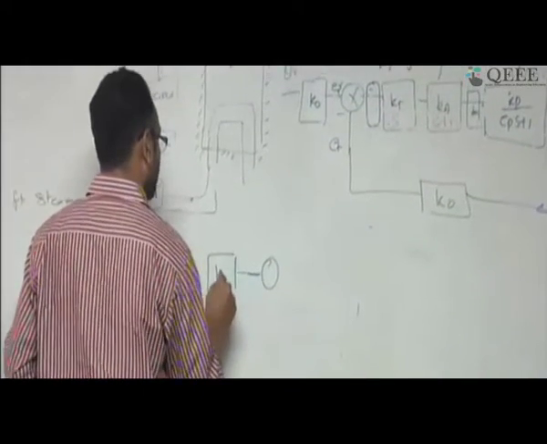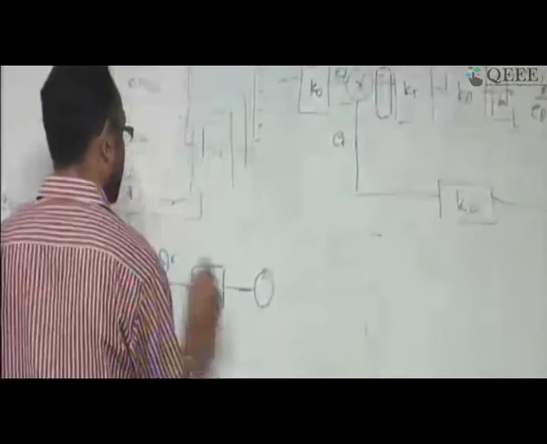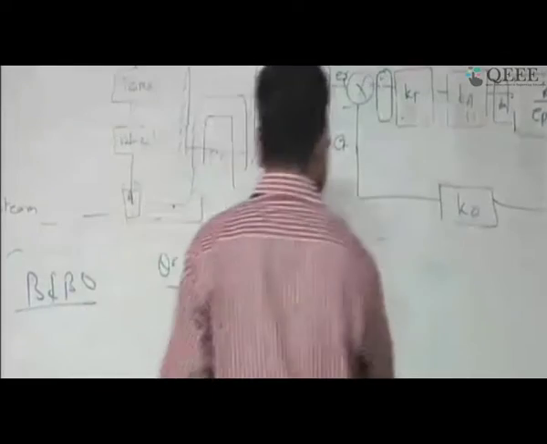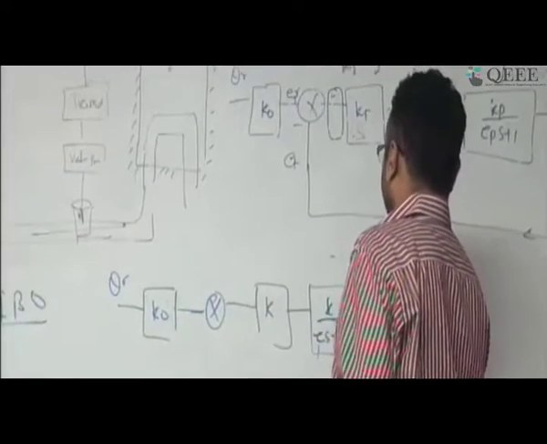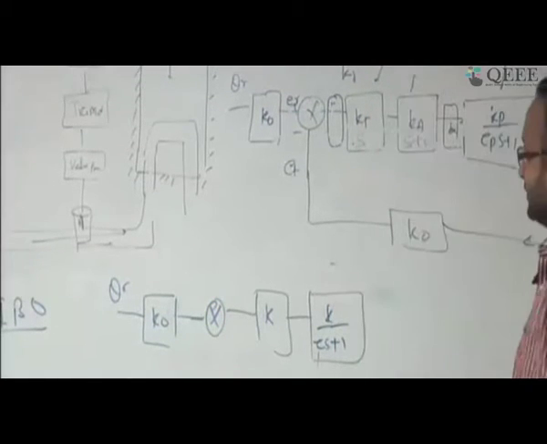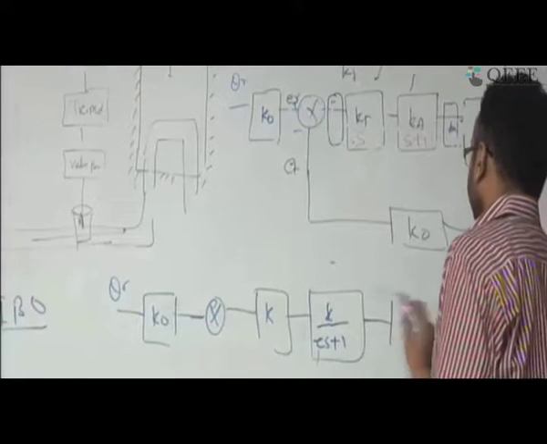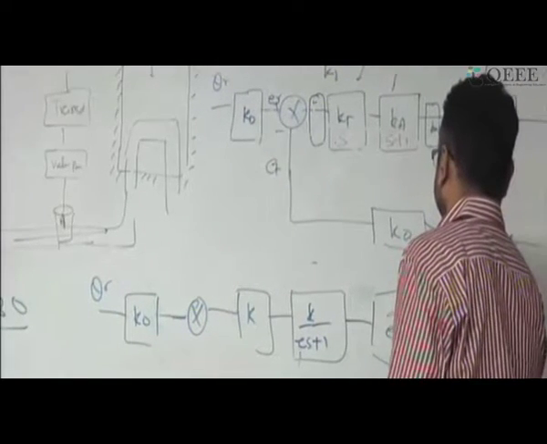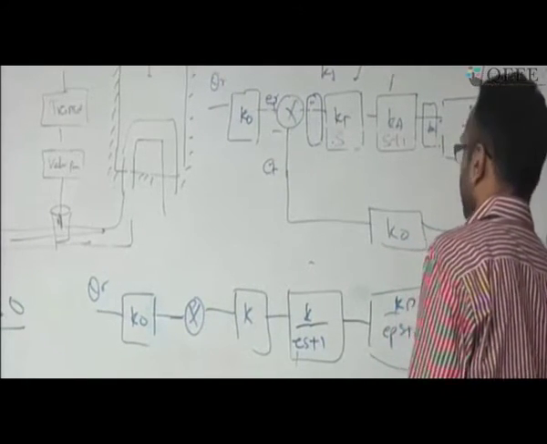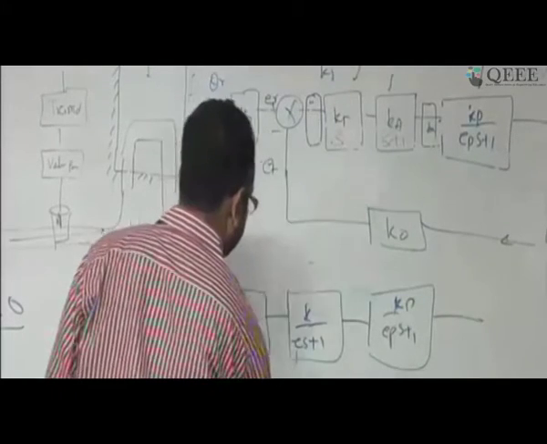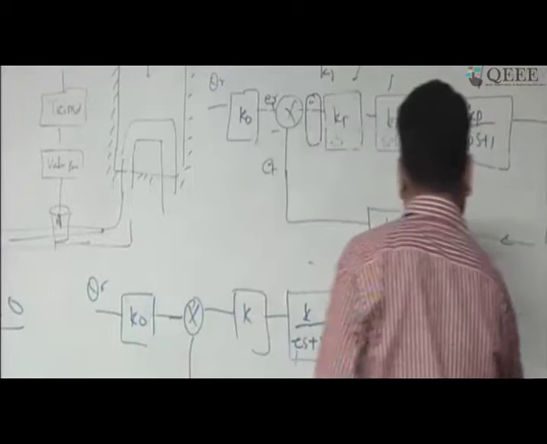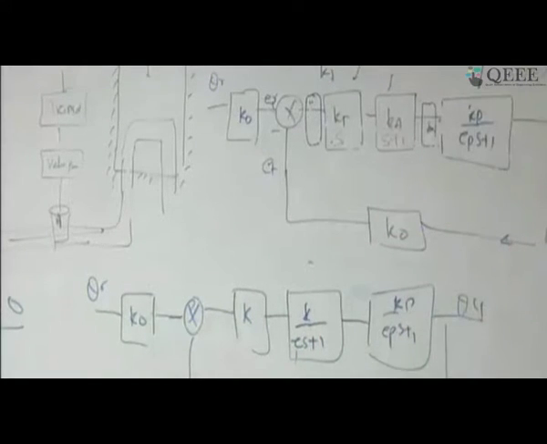illustrating the idea. Okay, this is your theta r, and you have taken K as your proportionality constant, and let me assume one of the systems is tau s plus 1. Okay, because that is the first order system, and this is my plant, tau p s plus 1 and Kp, and this is going to be K0.